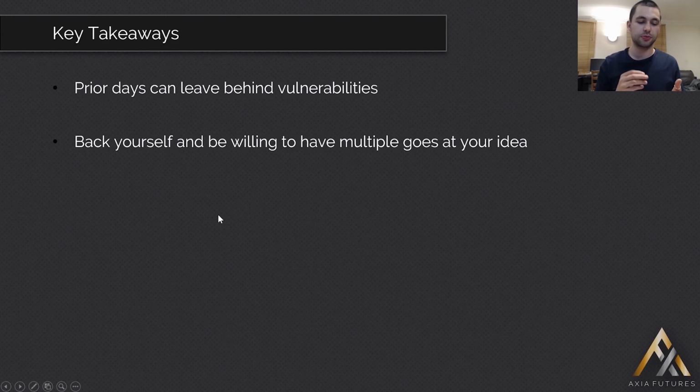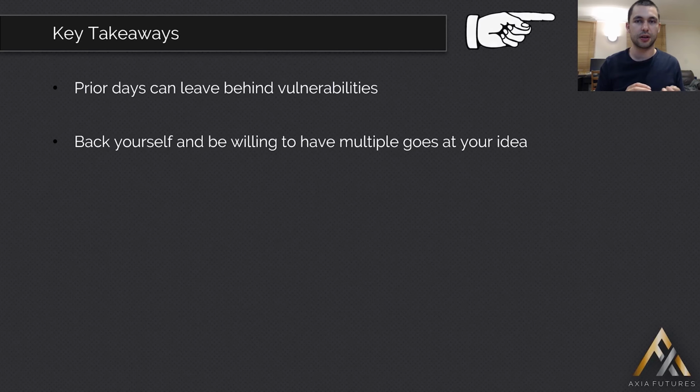So I suppose the key takeaways from this are quite simple. Prior days can leave behind some good vulnerabilities that you can then use for your trade ideas. In this case, it was the no-excess high that had been sitting around waiting to be taken out.